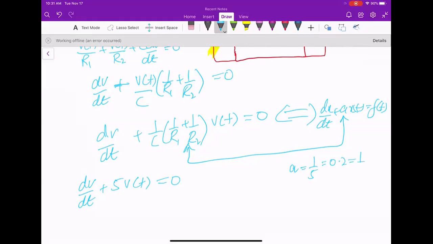This would be 1 by tau, or, right. Yes. No. I'm wrong here. One minute. A is actually 5, making my tau equal 1 by 5. So A is actually 5, equal to 1 by tau, and tau is equal to 0.2. Okay, sounds good?